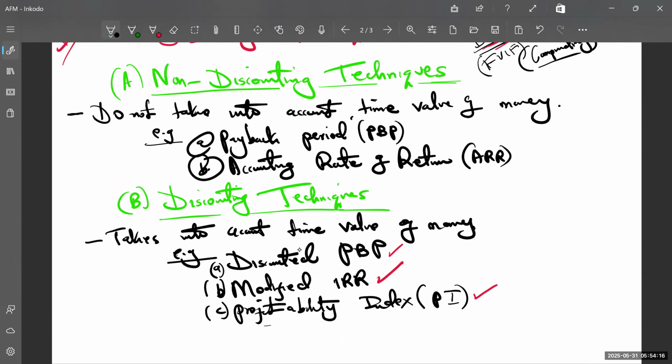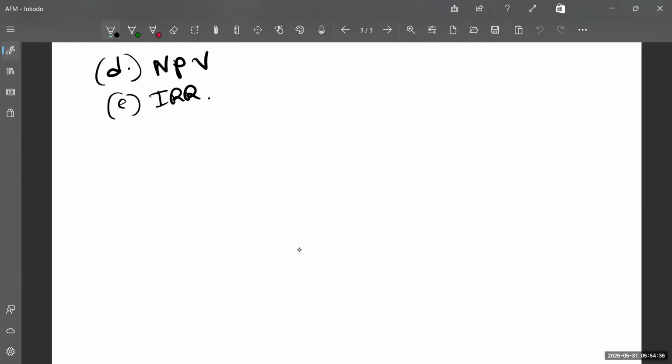You want to appraise your project. What informs your decision on the type of technique to use? That's what I want us to narrow down and look at. Whatever informs that decision depends on various features. That brings us to a discussion of the features of the best investment appraisal method to choose. Sometimes you can reframe it and call it characteristics of an ideal investment appraisal method, or the best investment appraisal method that you want to decide and use.